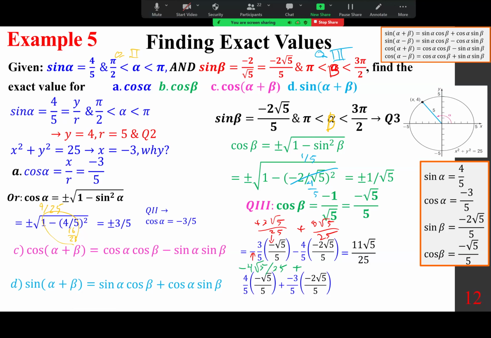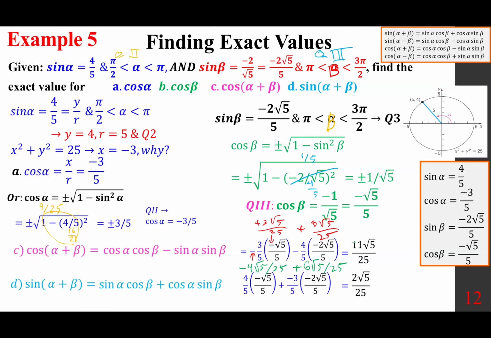The second one gives us plus 6 square root of 5 over the same denominator. So negative 4 and 6 add up to positive 2 square root of 5 over 25. So that's pretty straightforward. I hope everybody's okay with that.